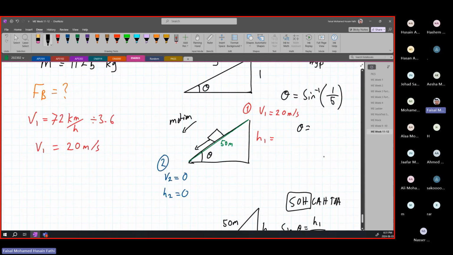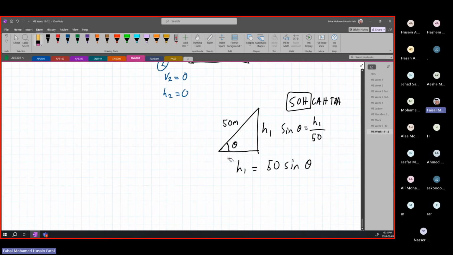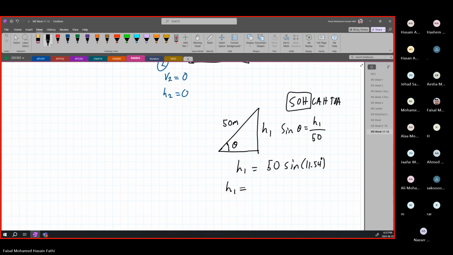Theta is equal to sine inverse of 1 over 5, which is 11.54. All right, that is our angle. So down here, instead of sine theta, I'm going to write sine of 11.54. Make sure your calculator is in degrees. h1, which is the height that we need to find, is equal to 50 sine 11.54, and that will give us 10 meters.